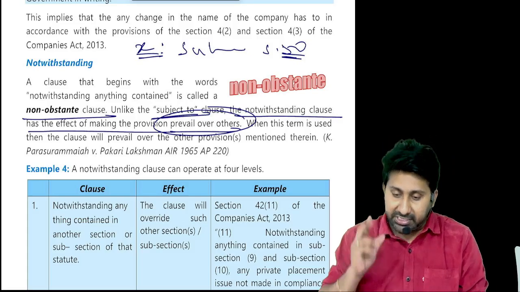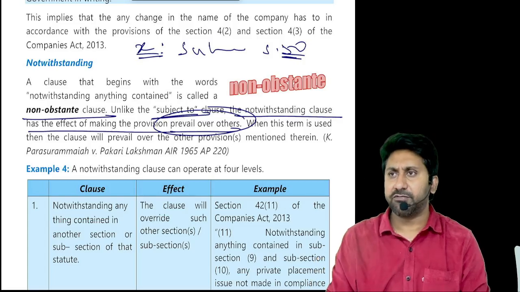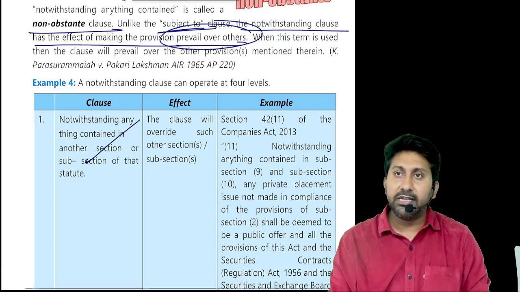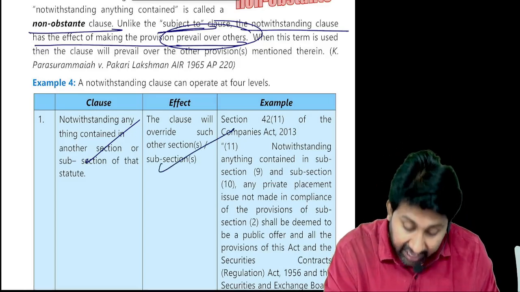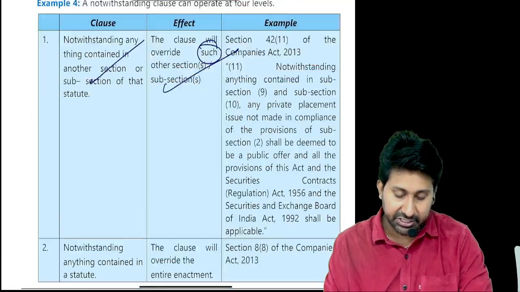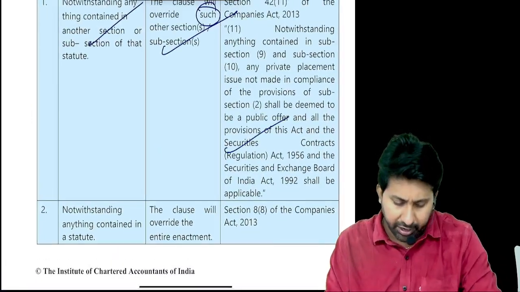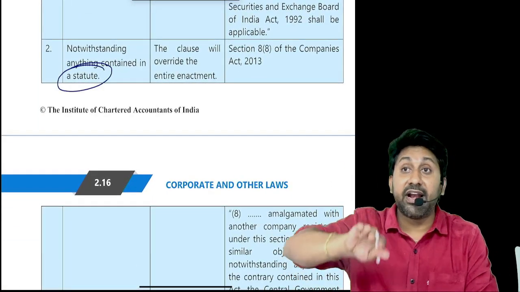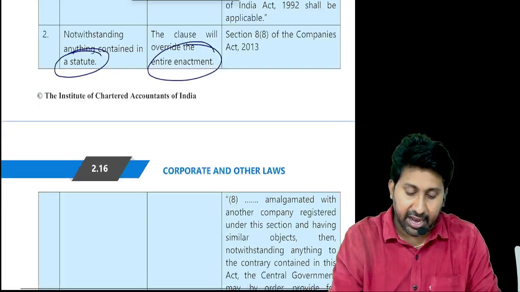Now listen. There are 4 kinds of notwithstanding. Notwithstanding anything contained in another section means it will override only that other section. Example he has given, later you can read. Notwithstanding anything contained in the statute, it will override that act.